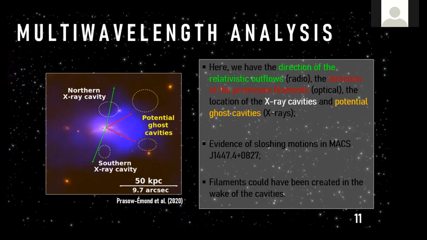Whether you see the back cavity or not depends on the orientation of the cavities themselves. If you look at the Virgo cluster, there are a series of observations from radio through X-ray that actually show cavities being displaced, and some of the cavities and even the present-day counterjet is not seen just because it's on the other side. So orientation is important.